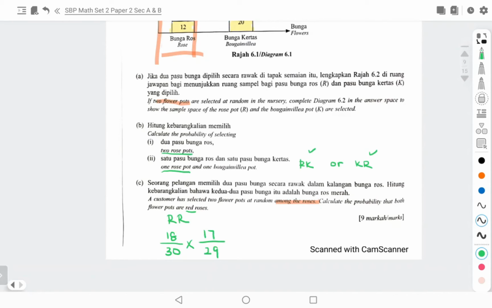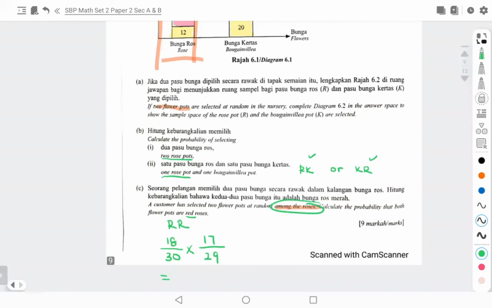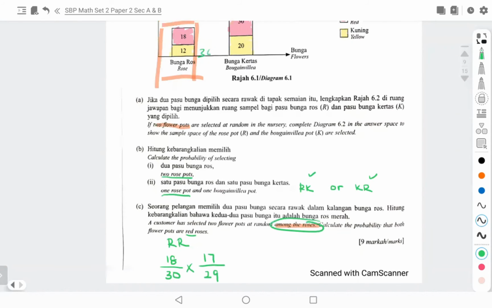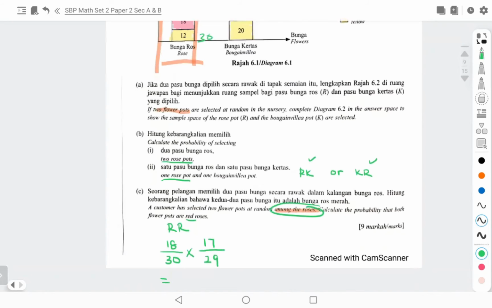This is the answer for C. Why is it over 30? Because among the roses, 18 plus 12 is 30. So you will have a total equal to 51 over 145. All good? Everyone can follow?